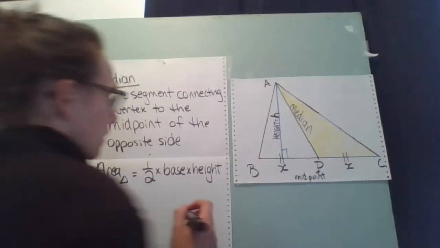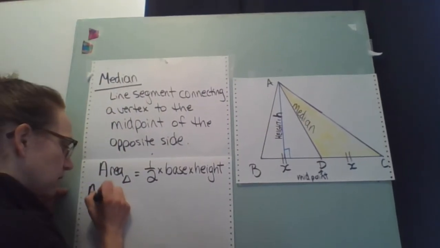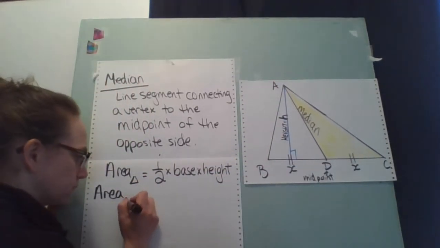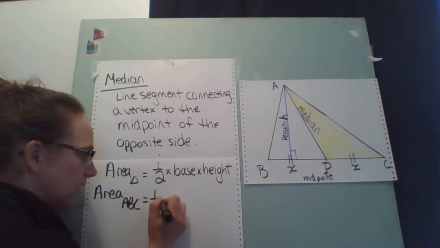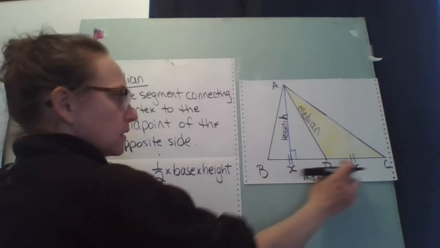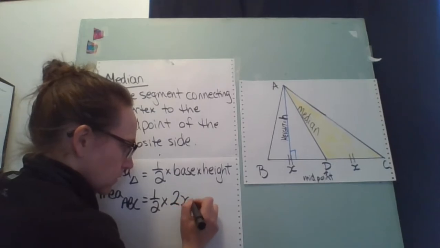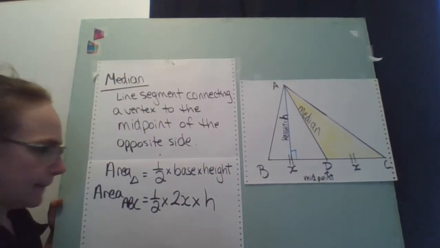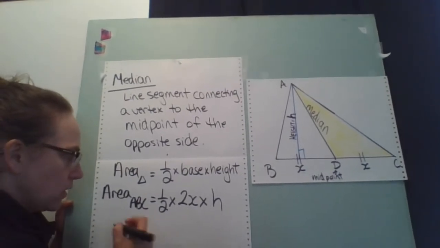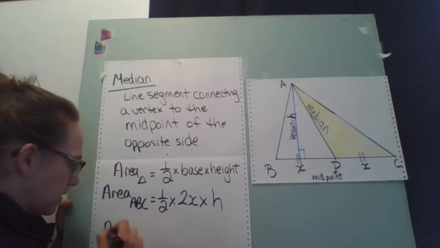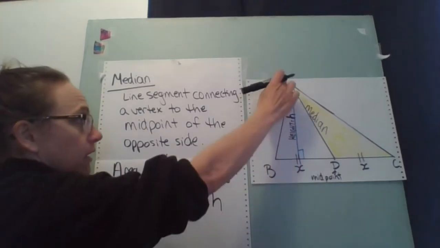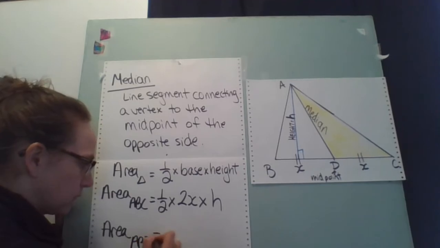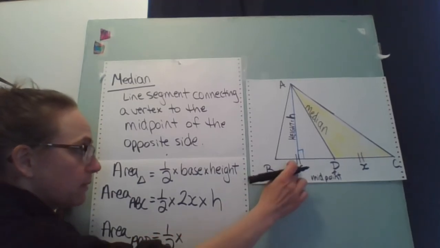All right. So the area of the big triangle, ABC. So that's half times, who's my base? 2x. Times, what's my height? H. Okay. So the area of little triangle ABD, half times, what's my base?